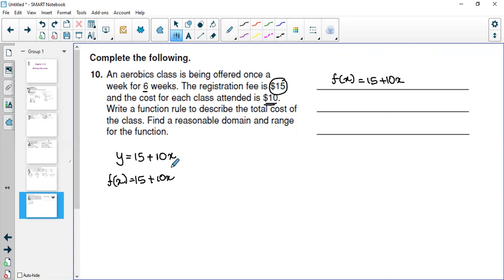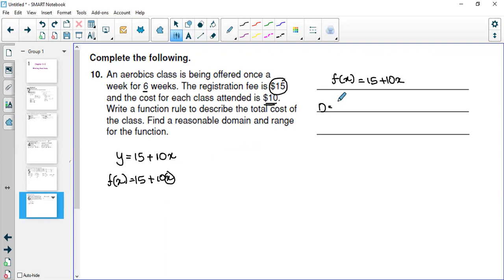So x is what? x is the number of classes whoever is attending, right? So x is the number of classes. Can we take -1 as a value for x? No, because what is -1 for class? That means we are not going for the class, right? So the value of x can be 1, it can be 0, maybe you will register but you will not go for the class.